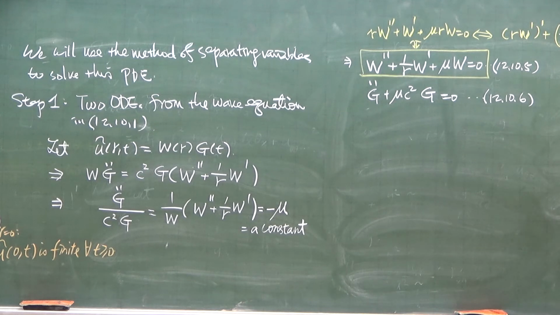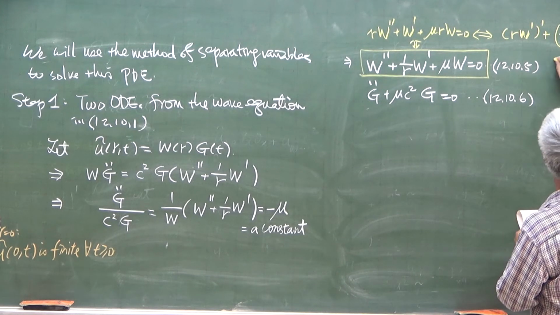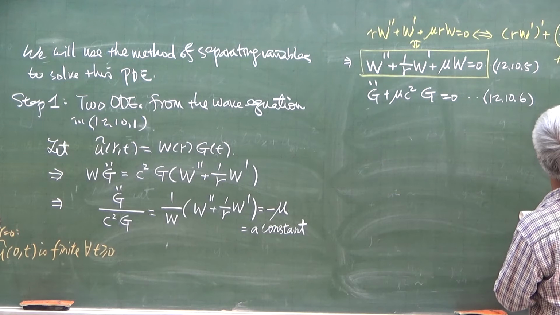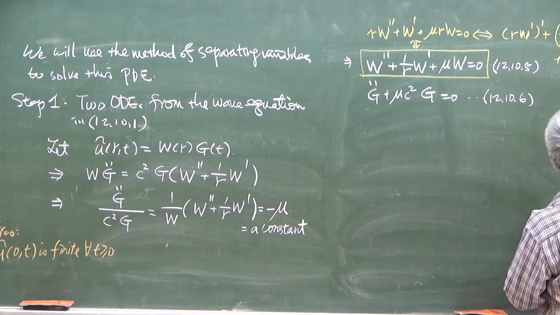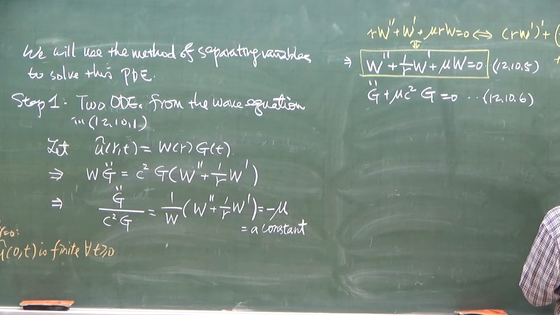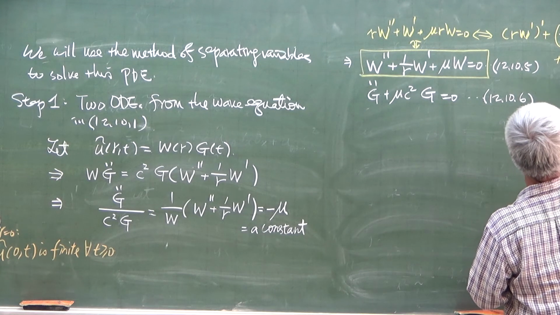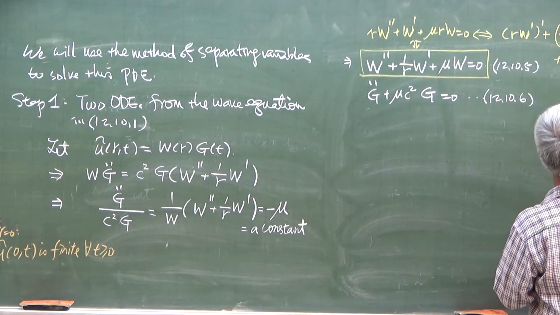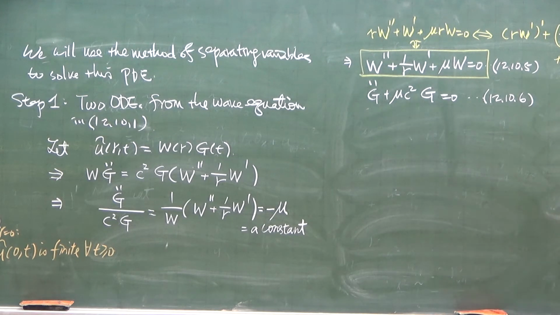Okay. So what is that? The Bessel equation of order 0, where mu is our eigenvalue.